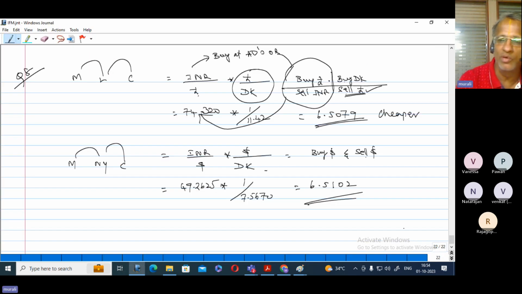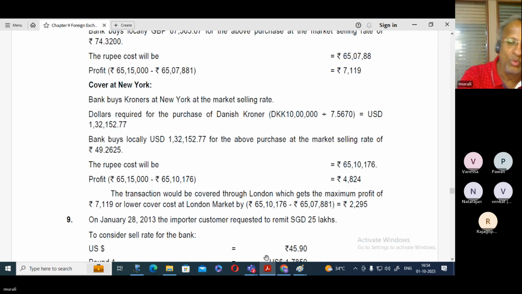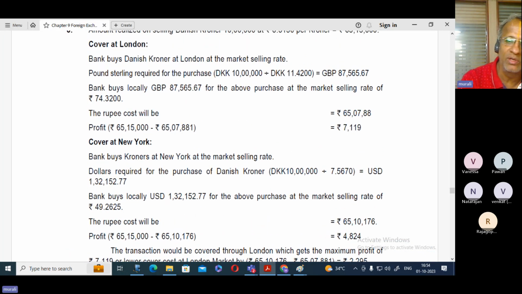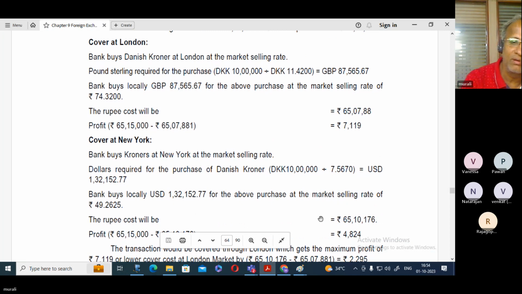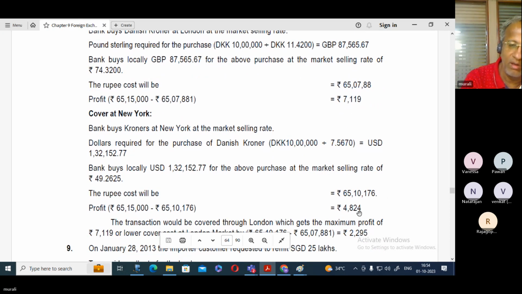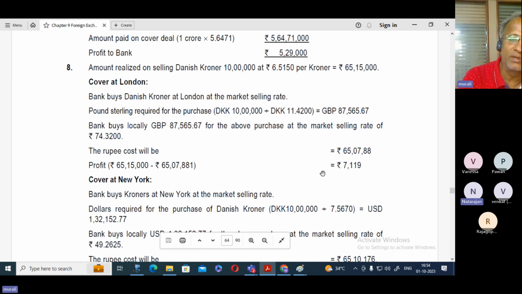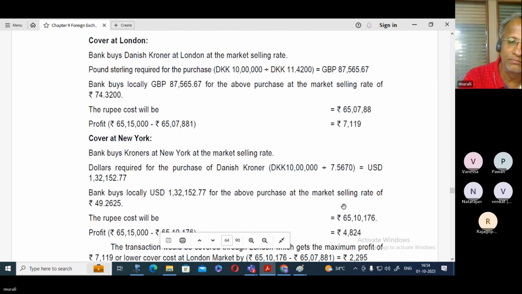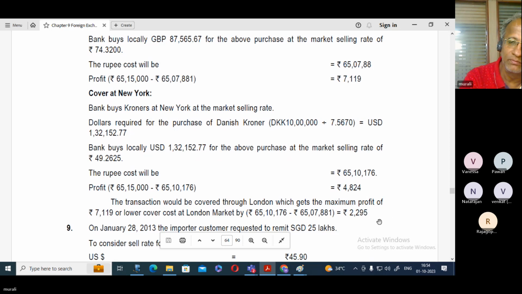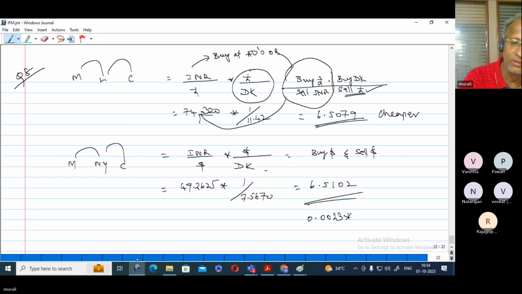The difference between the two we can work out: 6.5079 minus 6.5102 is 0.0023, into what is the exposure? 10 lakhs.